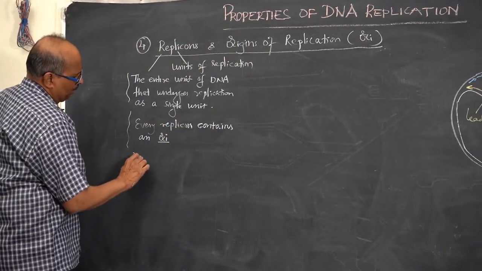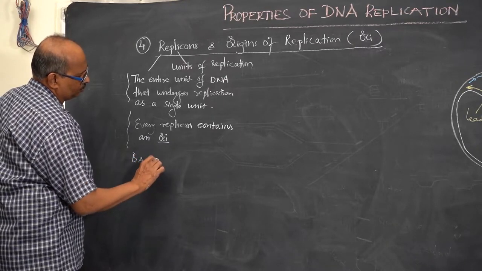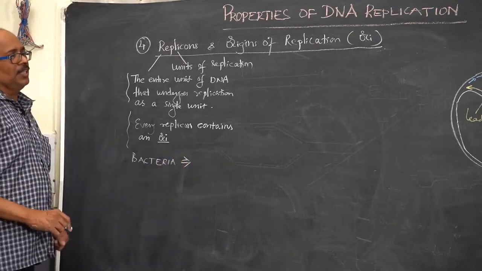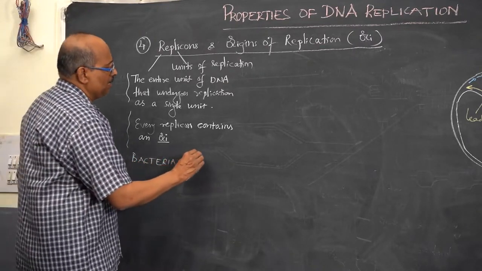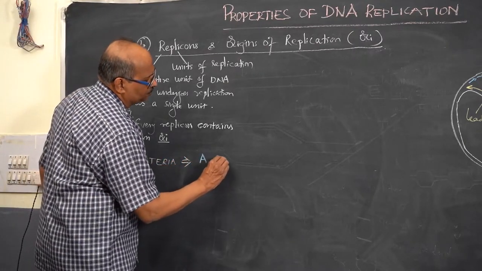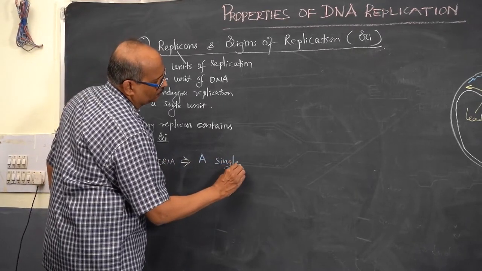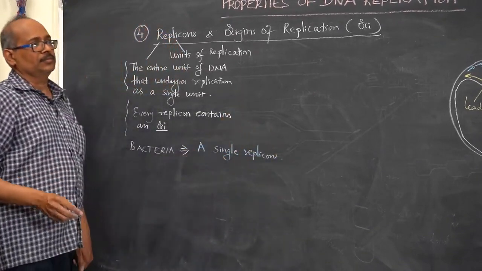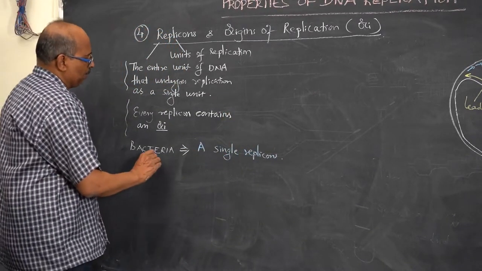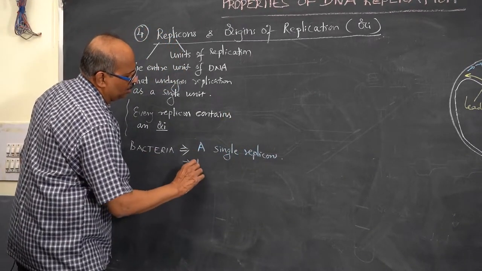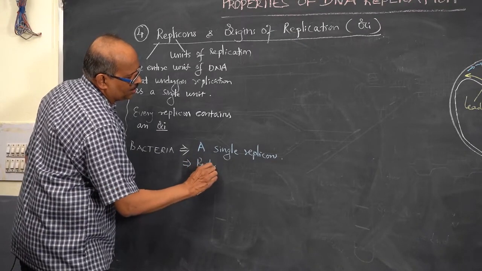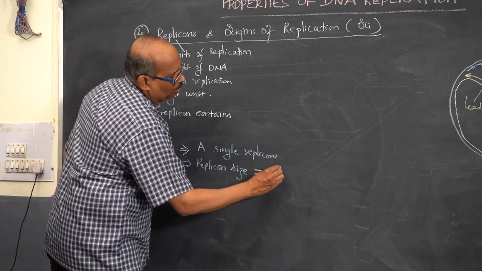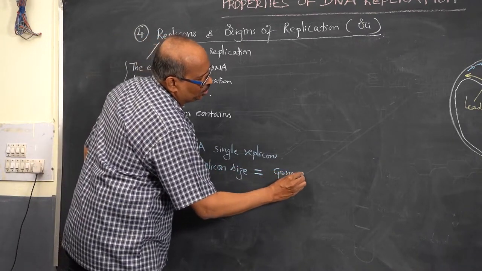When you look at bacteria, they have a single replicon. So in bacteria, replicon size will be equal to genome size.